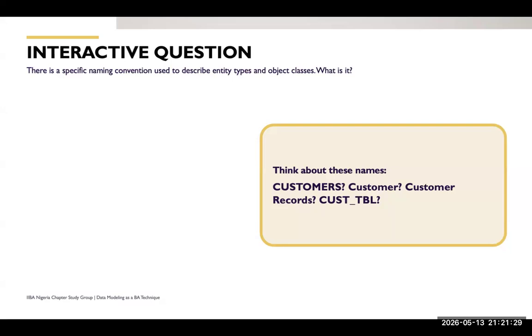Honestly, you'd be surprised at how simple it is. There's a specific naming convention. There's a way that we've been naming the entities, and the attributes, right?